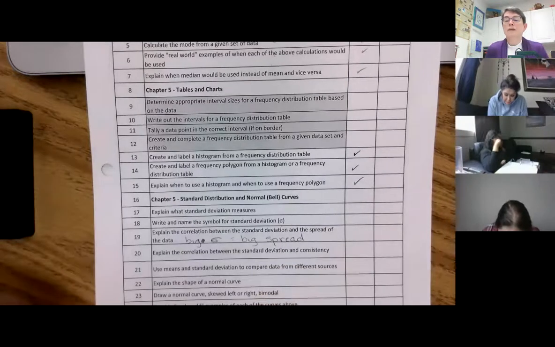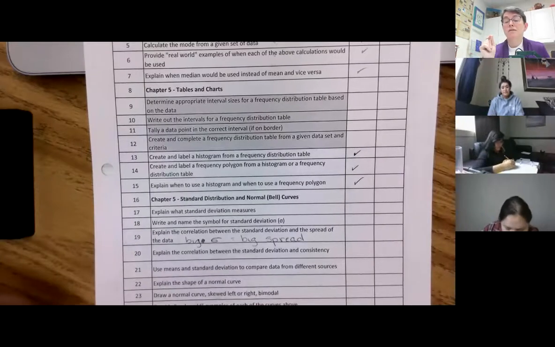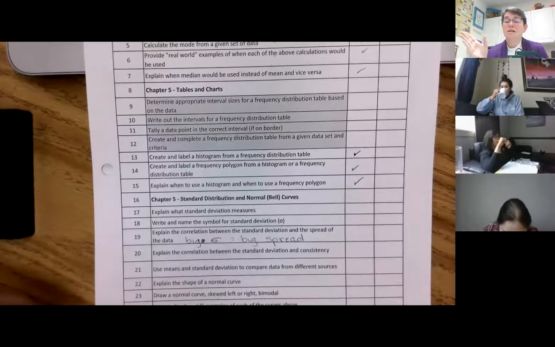So for example, if we looked at the ages of students in a grade 12 class, the standard deviation would be really small, because in grade 12, you might have kids maybe 16 to 19, so our data's gonna be pretty close together.